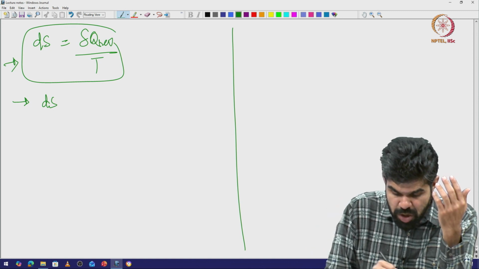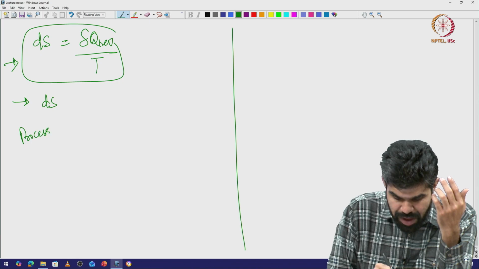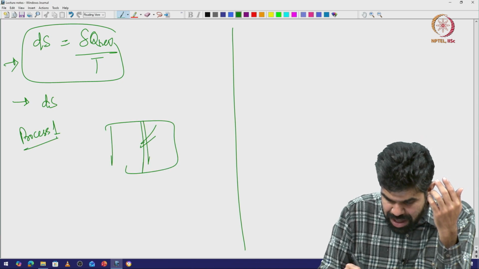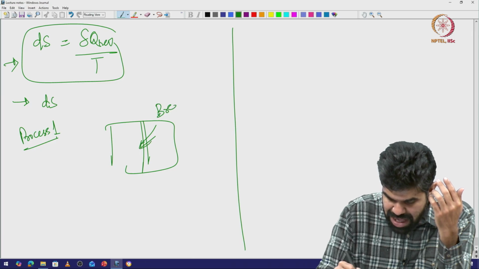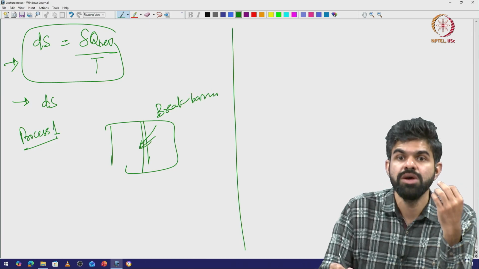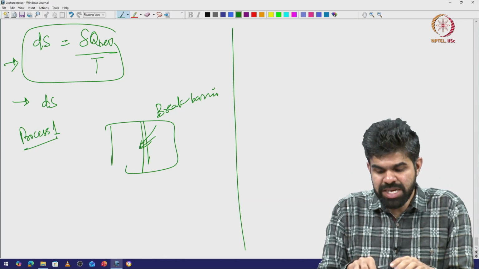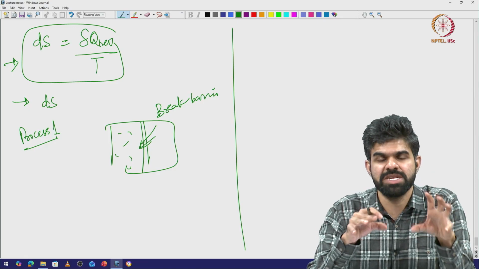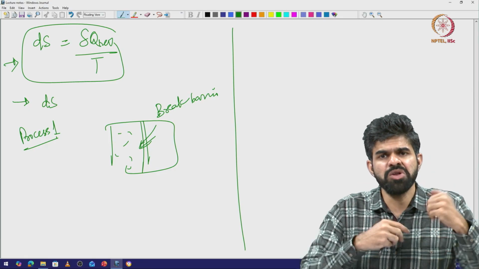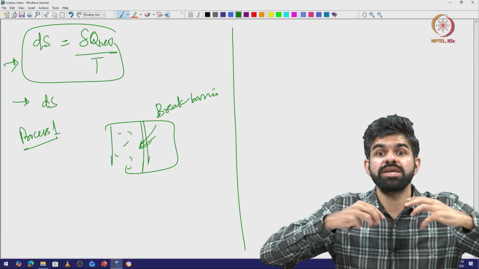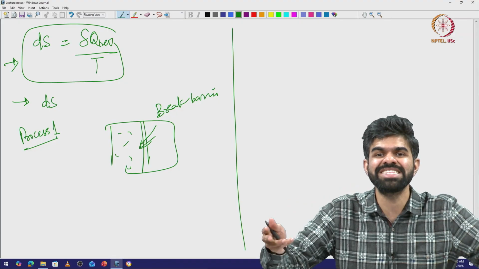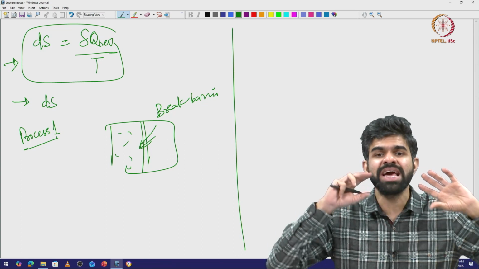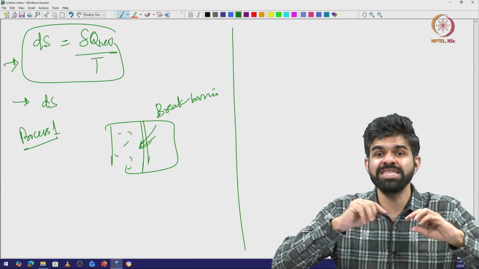So, for example, our process 1, where I have just broken this barrier suddenly, right. Initially the system is in equilibrium with the surrounding, so this is an equilibrium system. Suddenly I break the barrier, all this gas is gushing out, that spontaneous gushing out is not equilibrium, right. I am not calculating anything while the system is coming out, right.